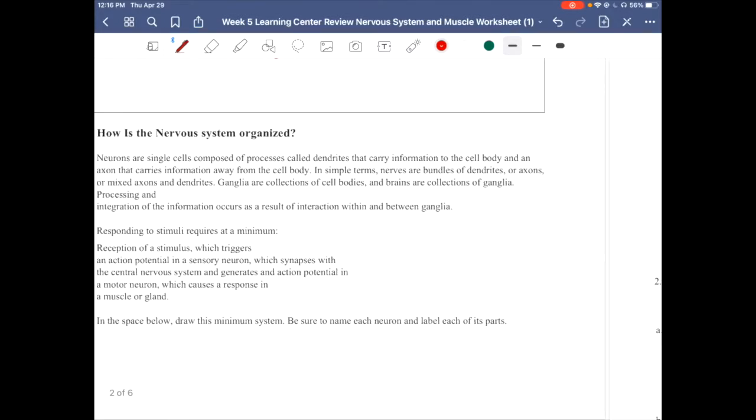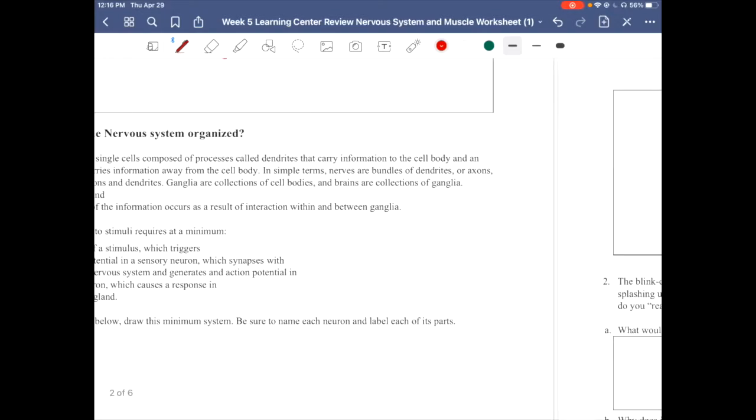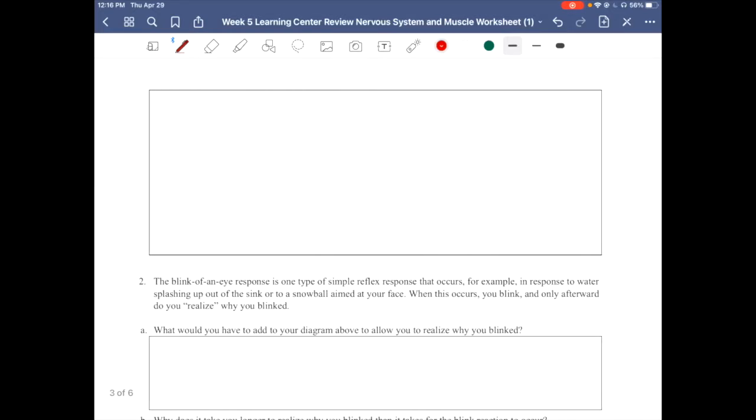All right, in this space I'm going to try to draw this system, where they're talking about the minimum requirement, and hopefully that visual helps a little bit. So let's see. Let's say this is the central nervous system.